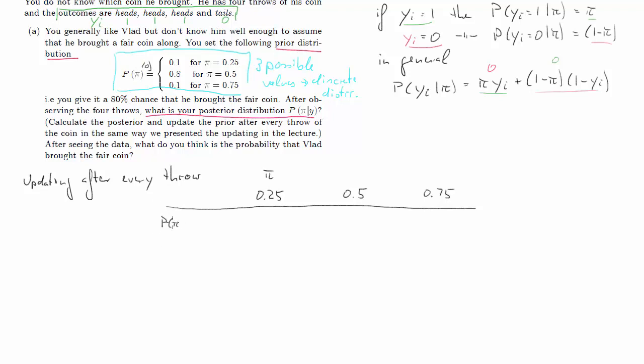So then our initial distribution, that's our prior, before we see any observations, is this prior distribution. What we next need is the probability for our outcomes given particular values of pi.